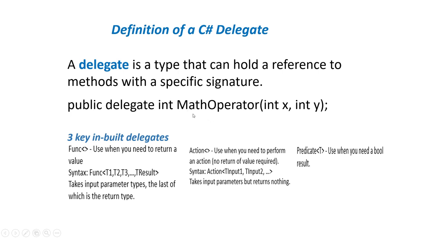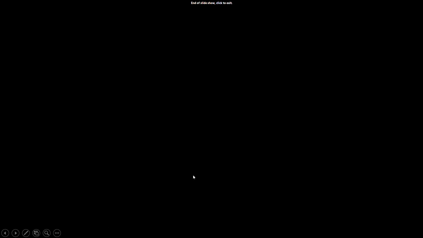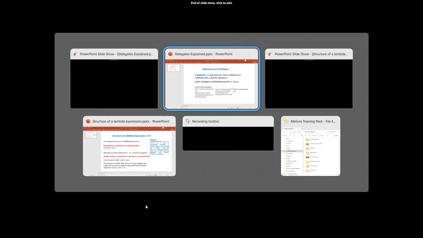And once you have that, you're good to go, because the program will run, because that match is there between the delegate and the methods that we assign to it. So now, with that, let's move forward and actually jump into coding.